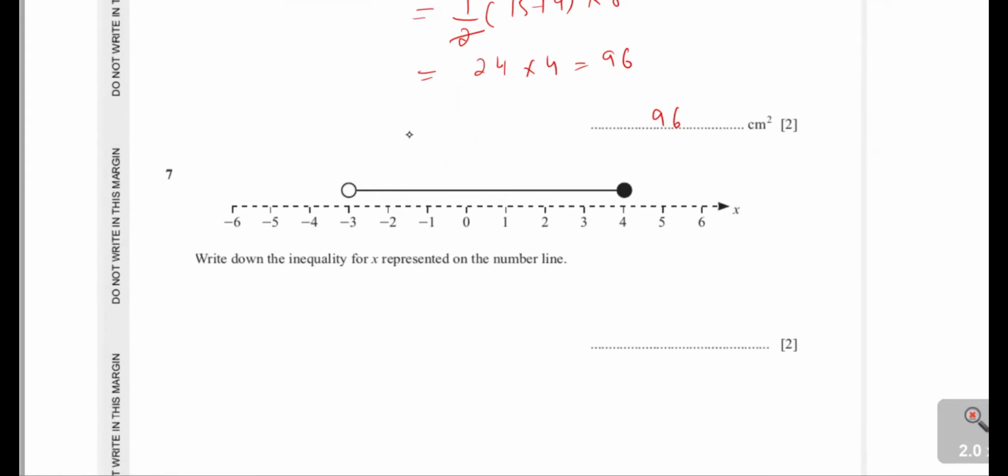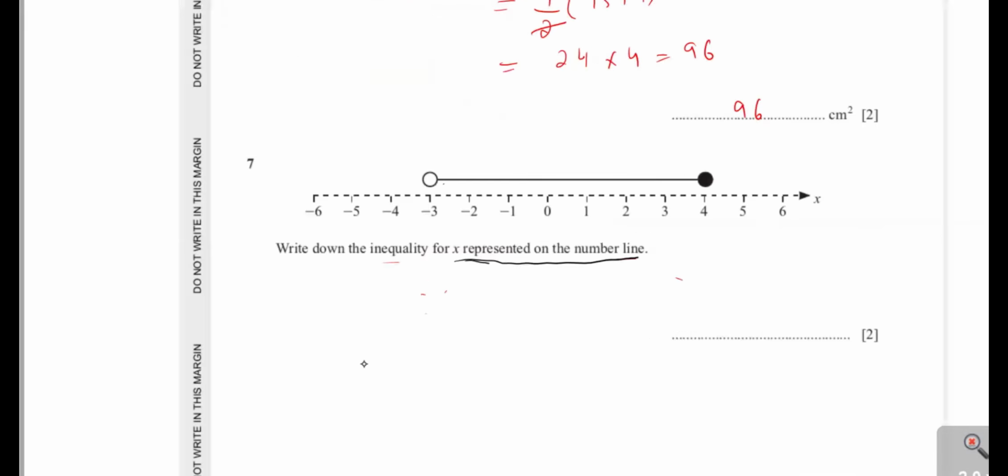Next, question number 7. Write down the inequality represented on the number line. Look here, this is the number line and this is the region, and we have to write the inequality according to this region. The values in this region go from -3 to 4, but the value -3 is not included in this region because this shows an empty circle.